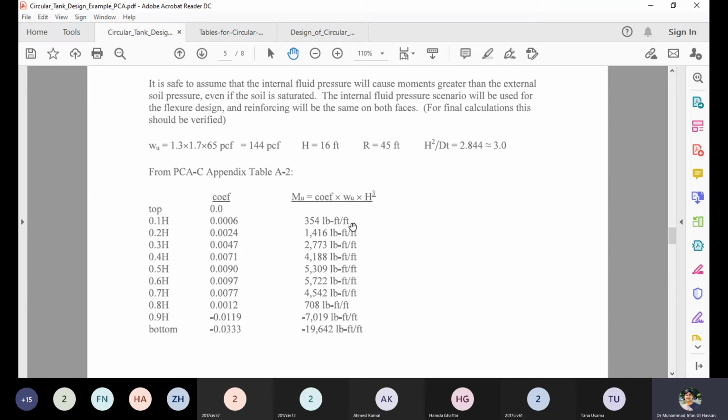The reason is similar to the cantilever beam concept. When the load is applied and the tension is on the loading side, the bending moment is negative, the tension is at the top. Similarly, if the bending moment is negative, the tension is on the loading side, the water side, and when the bending moment is positive, the tension is on the soil side, meaning the outer side, due to the water load.